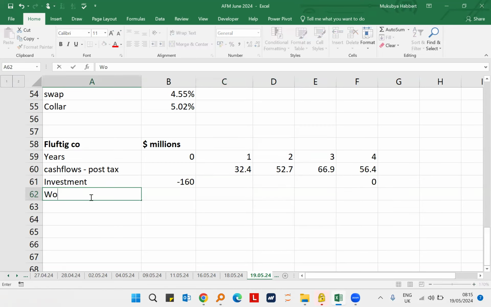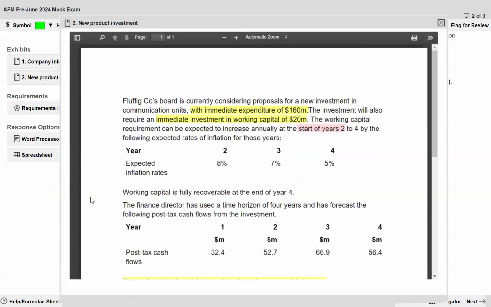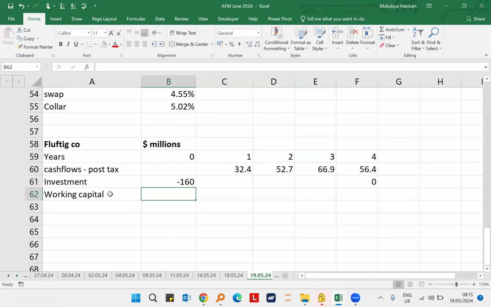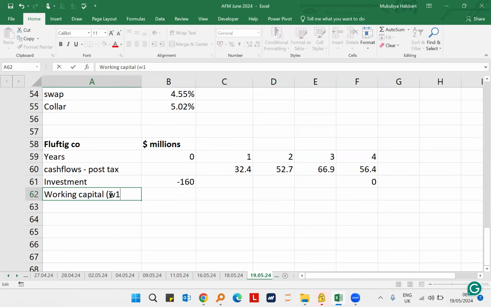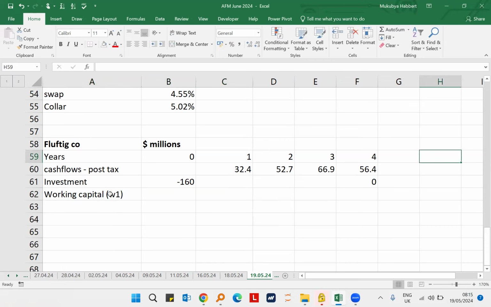Then working capital. So working capital, they say that it is going to be 20, but it will increase by inflation. So we need the working for it. So let's put a working here. Working capital.